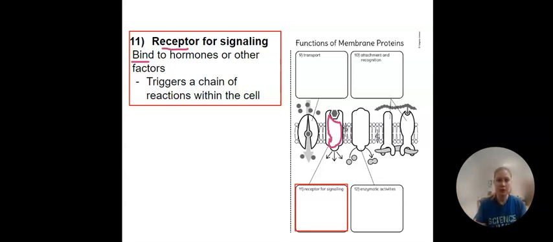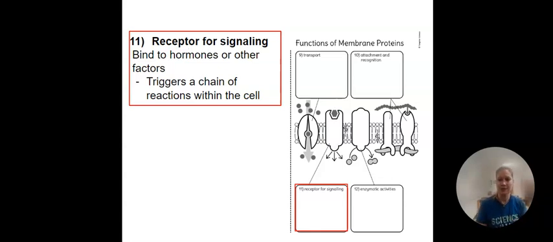If they bind to some type of hormone, that will trigger a chain of events within the cell that will cause some type of cell process to begin. Maybe it's the synthesis of proteins. Maybe it's the production of insulin. It could be a lot of things. So these receptor proteins are very important when it comes to maintaining homeostasis, with communication between that cell and surrounding cells.